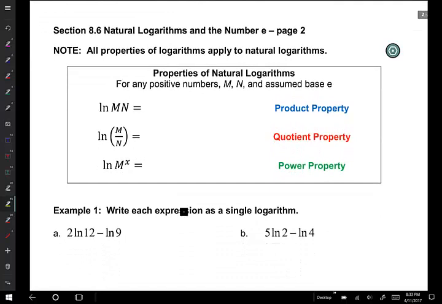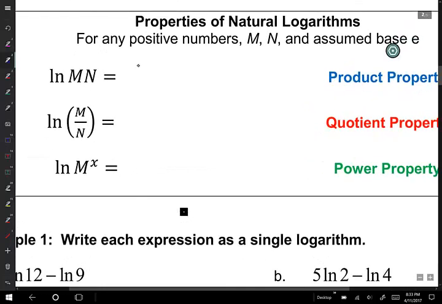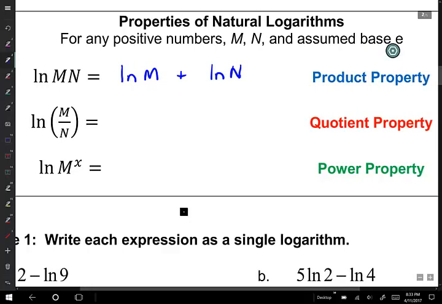First of all, we need to understand that the properties of logarithms are the exact same with natural logs as they are with regular logs. So here's our first idea. If we have the natural log of m times n, we can rewrite that as the natural log of m plus the natural log of n. Exact same property: adding outside a logarithm is multiplying inside a logarithm.